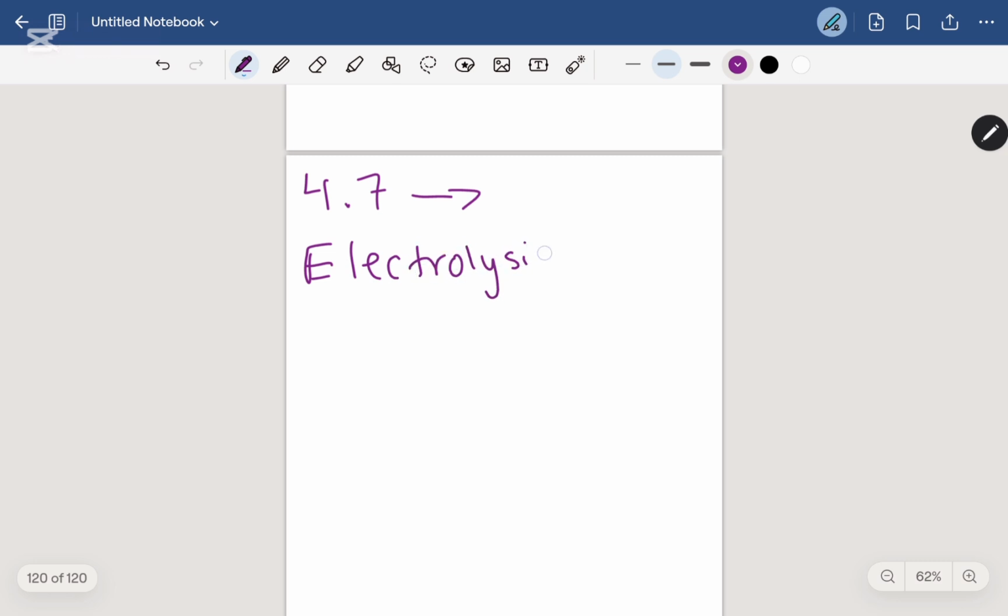Electrolysis. Now, what exactly is electrolysis? If you open the book, you will see it has a big meaning. But in 3 small words, we can define electrolysis, which is separation by electricity.